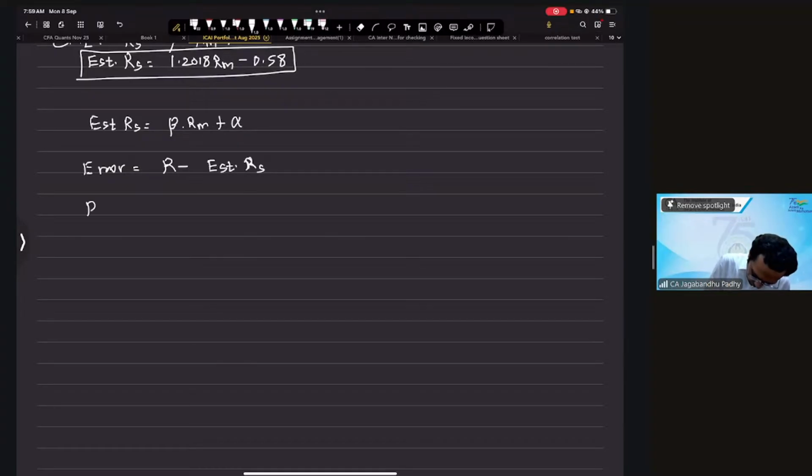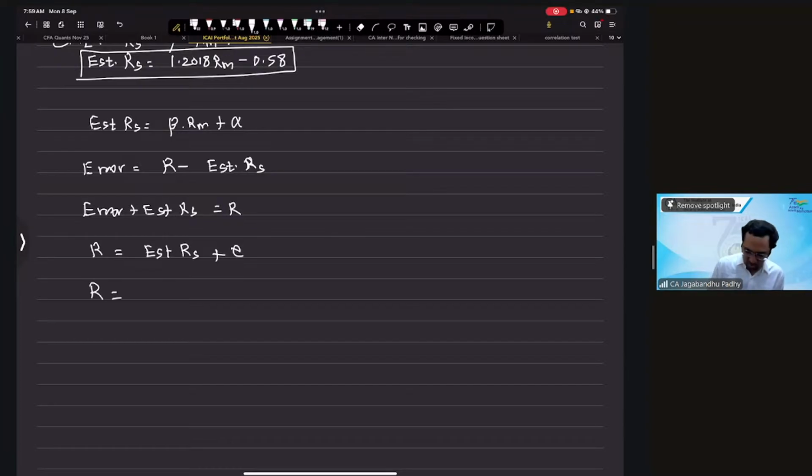So if I want to calculate the actual return of security, can I say it will be the error term plus the estimated return of security? Correct? Yes.